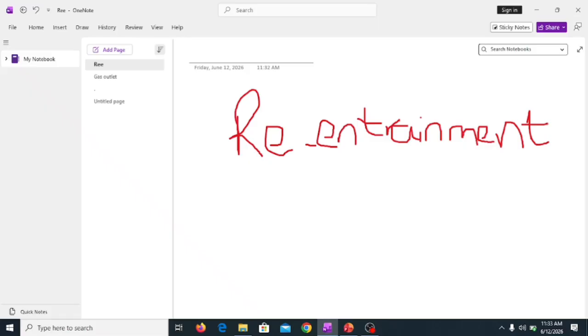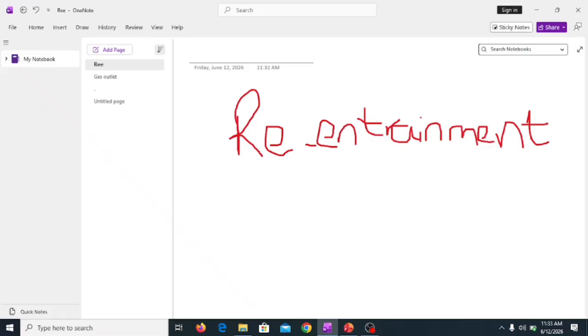What is re-entrainment? Remember that in our separator, the gas is being removed from our liquid, and this is done with the help of our mist extractor, which we'll explain when we get to it. The mist extractor helps to remove any liquid trapped in our gas.